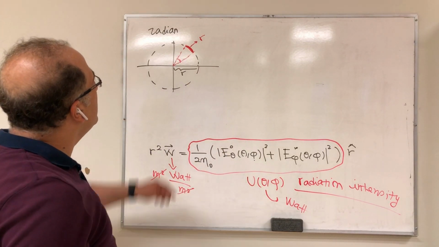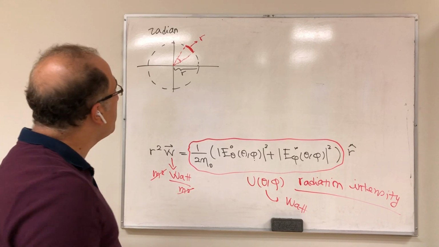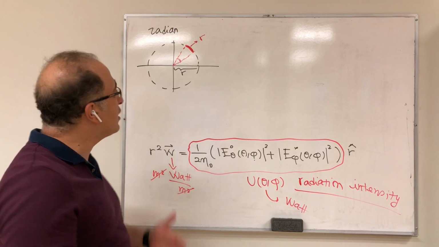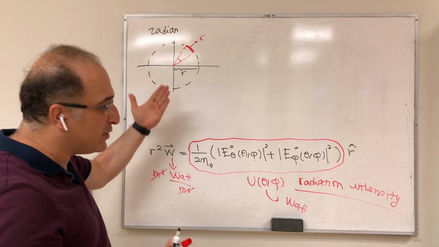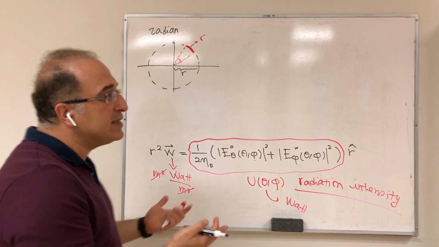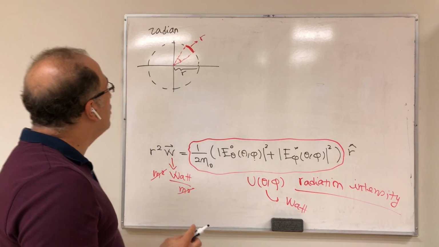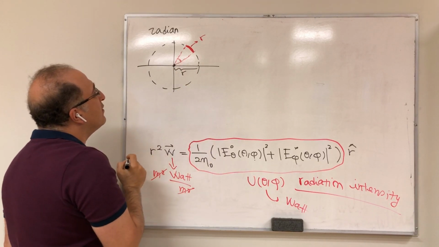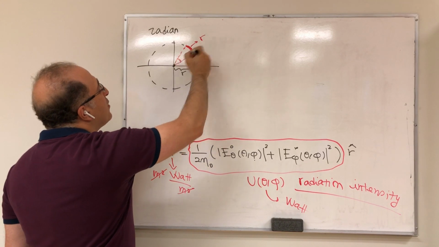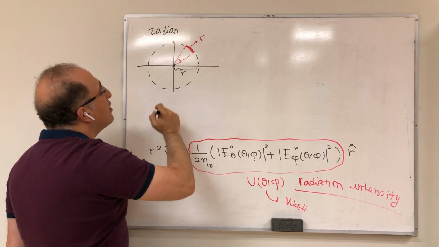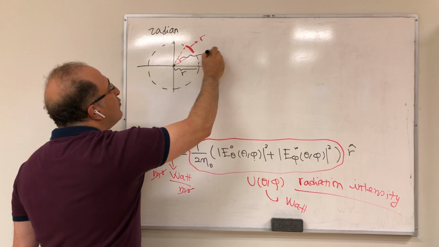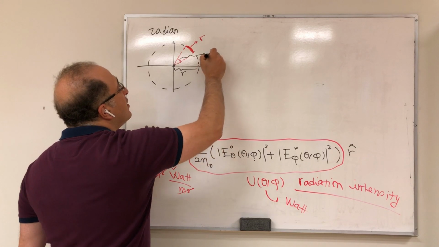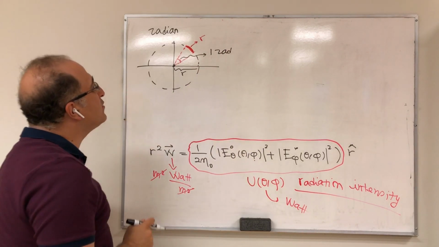We call these types of angles plane angles because these are essentially 2D angles on a plane. If you have an angle whose vertex is at the center of the circle, and it's subtended by an arc length which is r, then we call this 1 radian. That's the definition of radian.